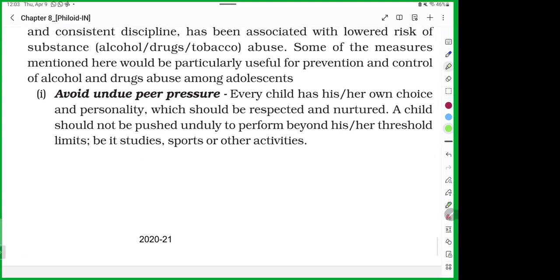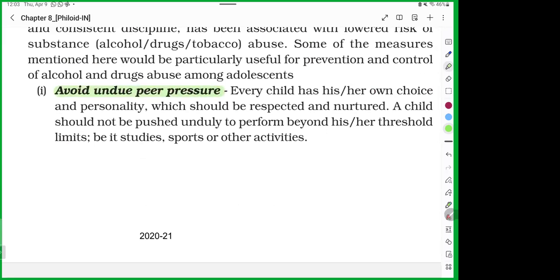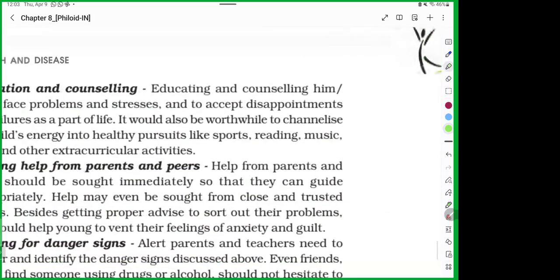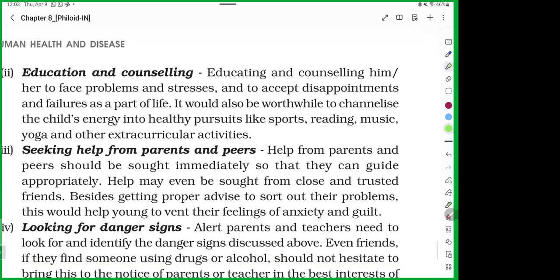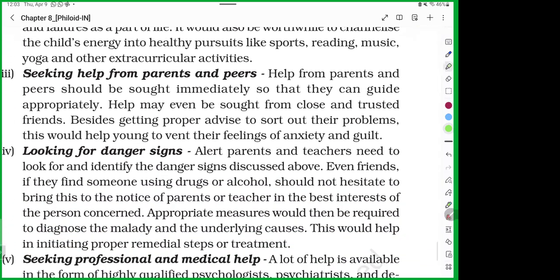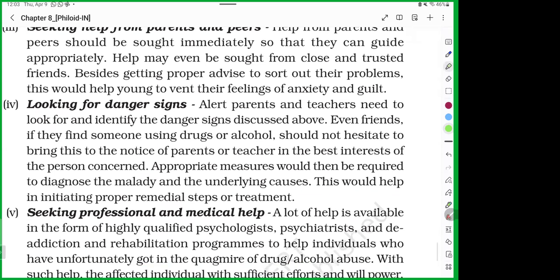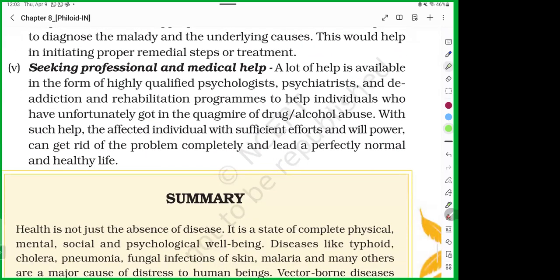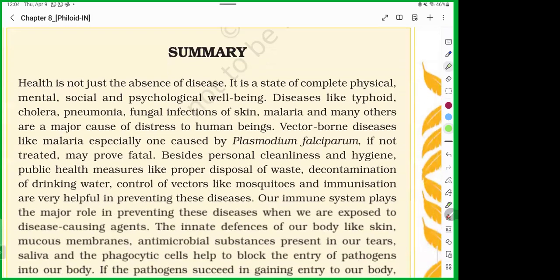What we can do is avoid undue peer pressure on children, and avoid giving too much responsibility, like 'you must crack NEET or the world will change.' It's fine to work within a limit and push the limit, but not too much. Proper counseling is important to avoid stress. Seek help from parents and peers, talk to them, look for dangerous signs, and seek proper professional medical help. That's all.